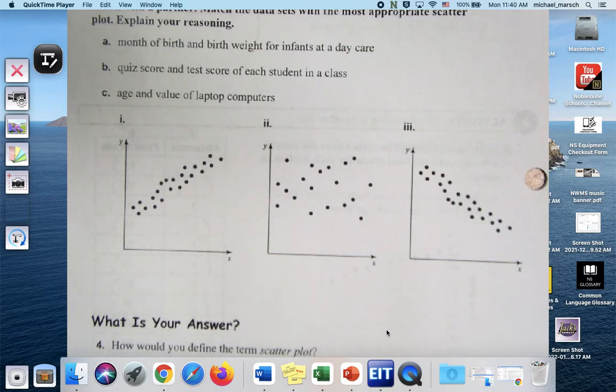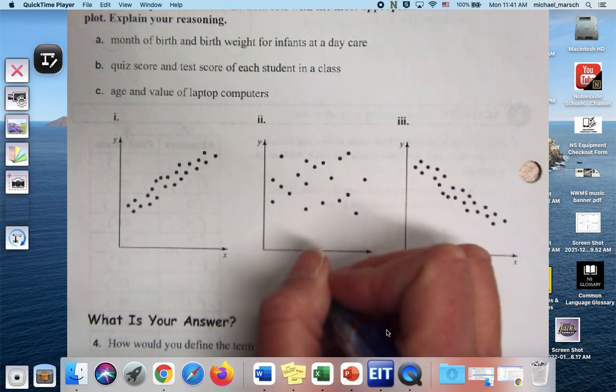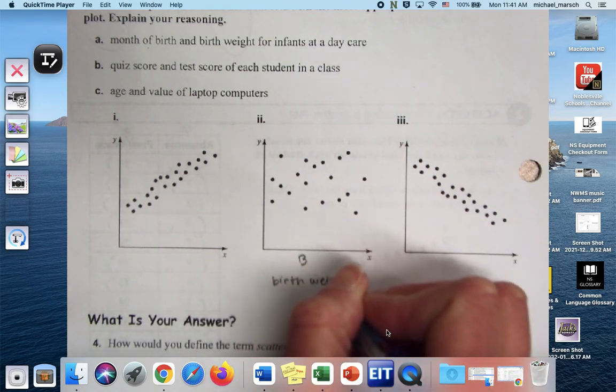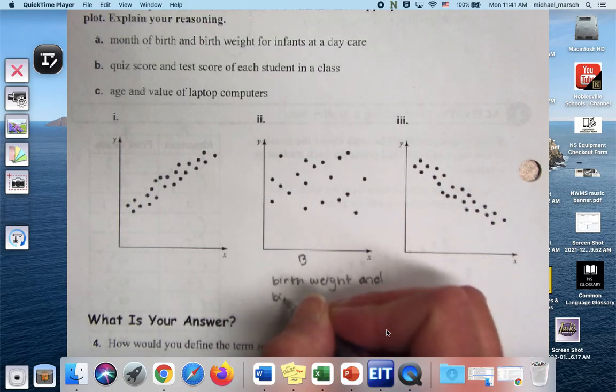All right. Which scatter plot goes best with month of birth and birth weight for infants at a daycare? What do you think, Jackson? 2. Yeah, it's right. They're going to have nothing to do with each other, right? So birth weight and birth month.